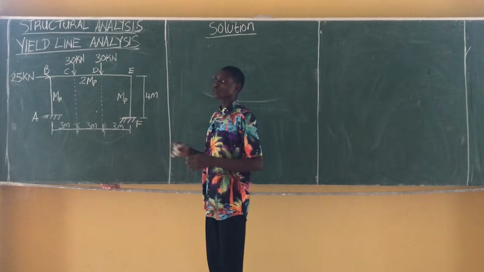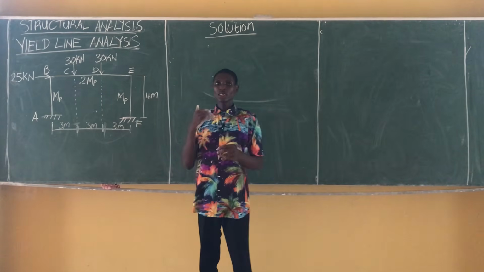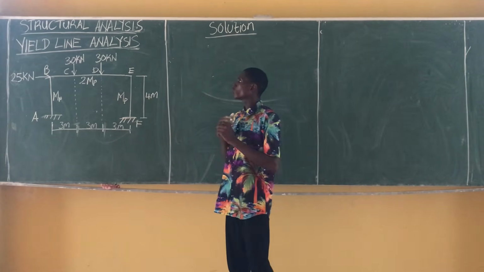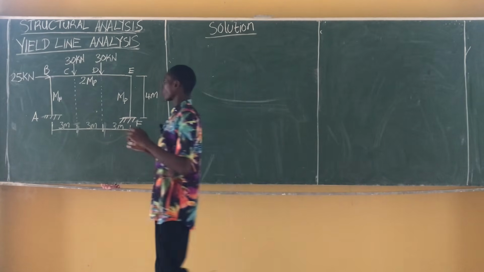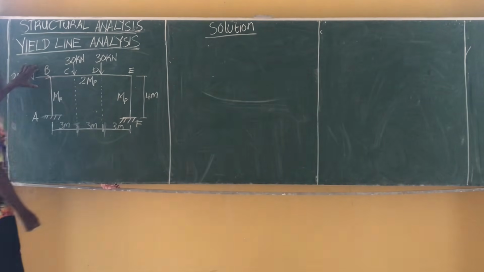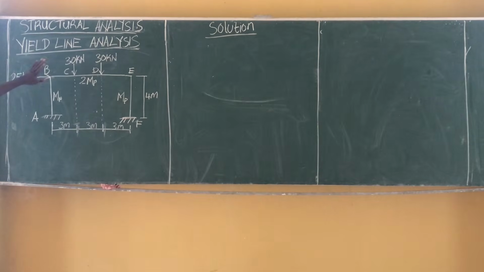Now, when we want to carry out yield analysis on a frame, what is the first thing we need to know? The first thing we should know is that our first task is simply to sum our external work and our internal work.